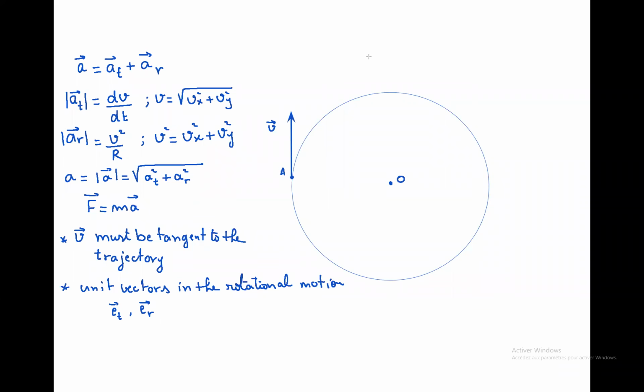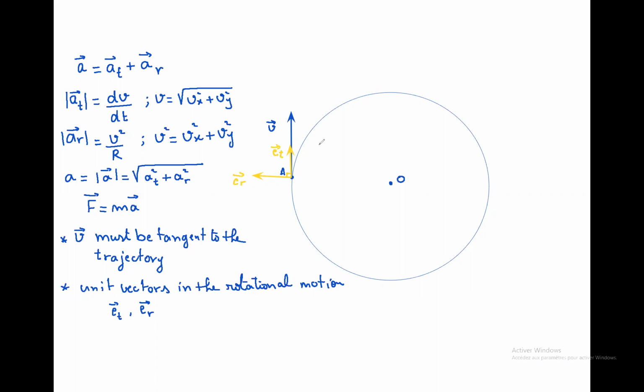ET must be in the same direction as V. And ER must be opposite to the position of O, and perpendicular to ET. Here we have E radial, and here we have E tangent.